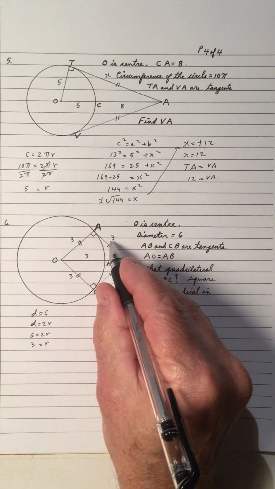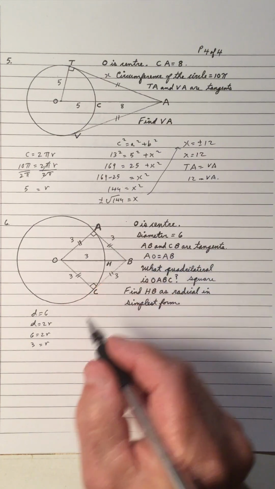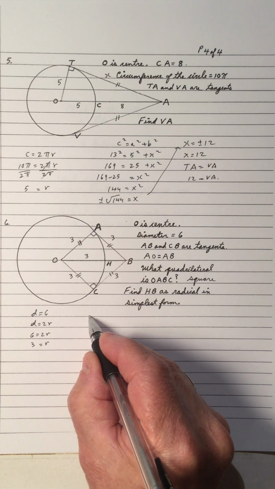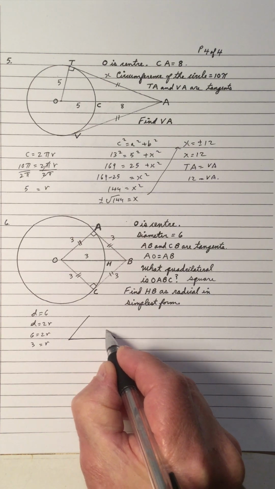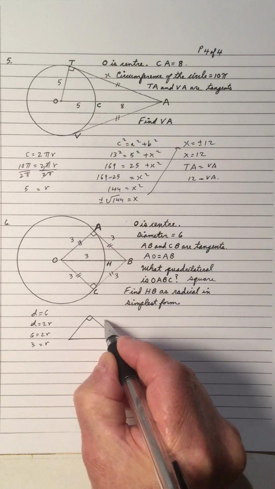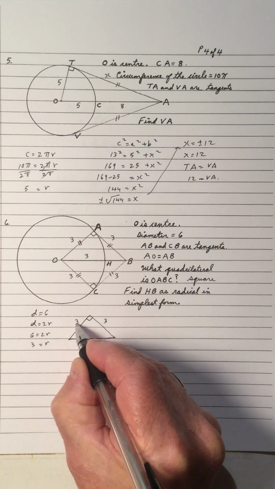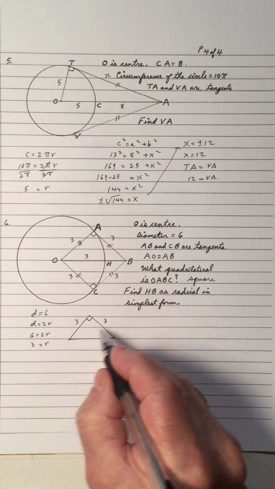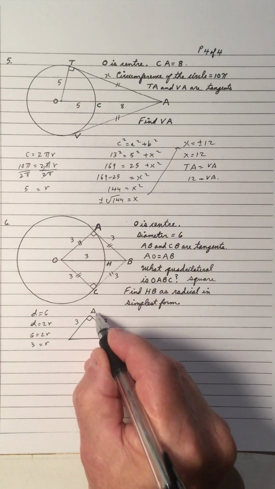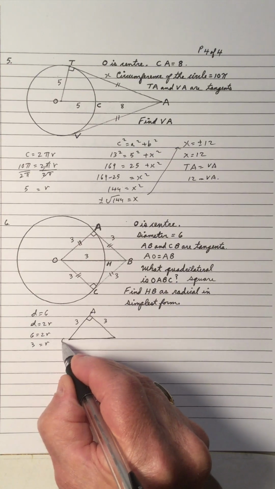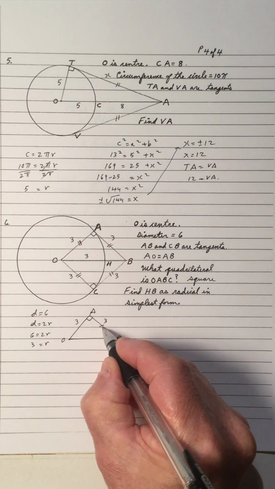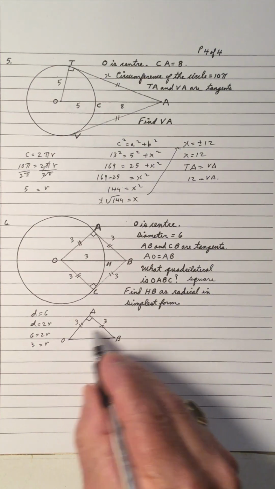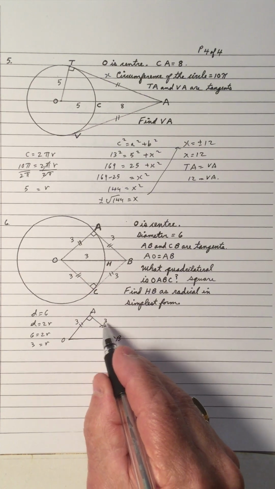And because we have a square, we have the triangle. I'll redraw that triangle now so you can see it. So we got a right angle, we got a 3 and a 3. So this is A, and that's an O and a B. Because these are equal, we have a right triangle with two sides equal.